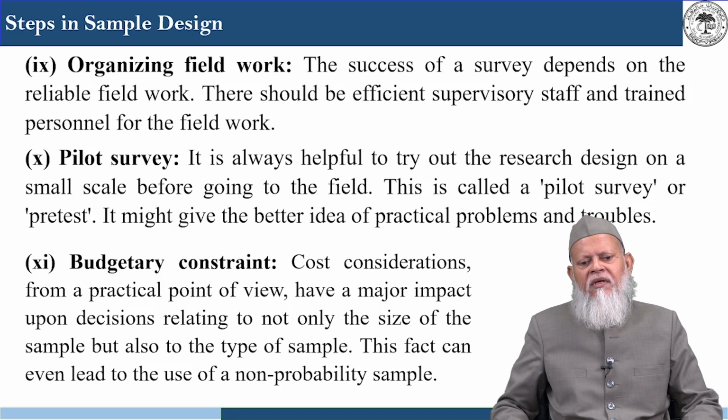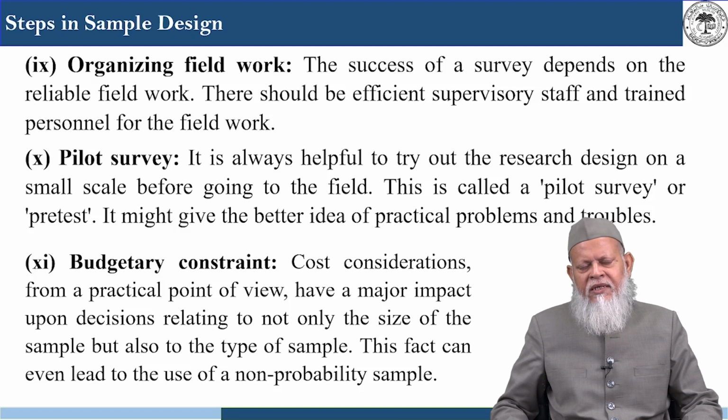So the budgetary constraint is very important, and if we go for a project sponsored by any organization, then again the issue of budget is very important. Everything has to go by the budget.